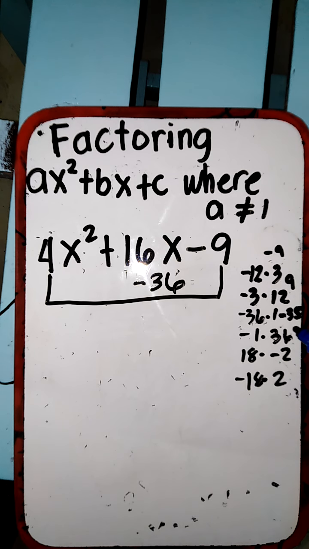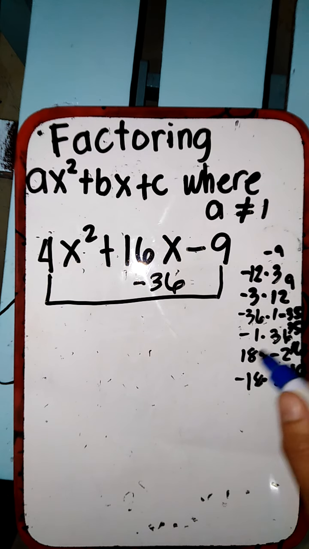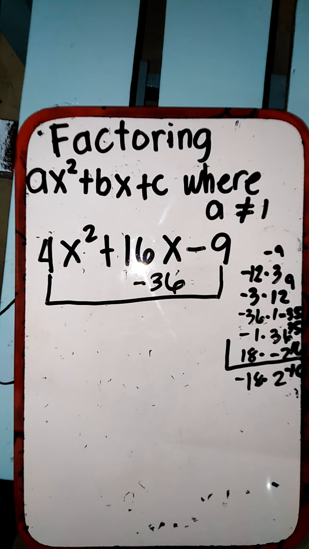Negative 1 plus 36 is positive 35. 18 plus negative 2 is positive 16. Negative 18 plus 2 is negative 16. So which factors of negative 36 have a sum of 16? We have 18 and negative 2, right?